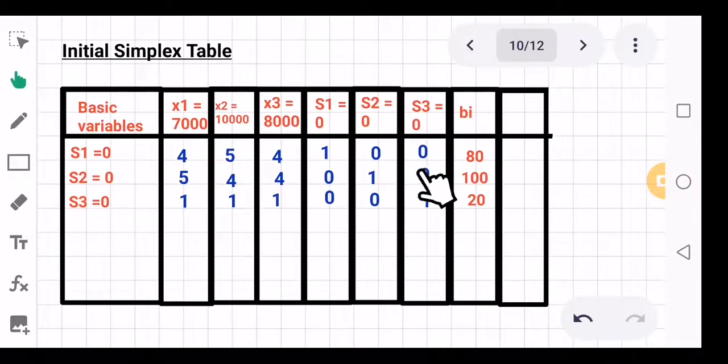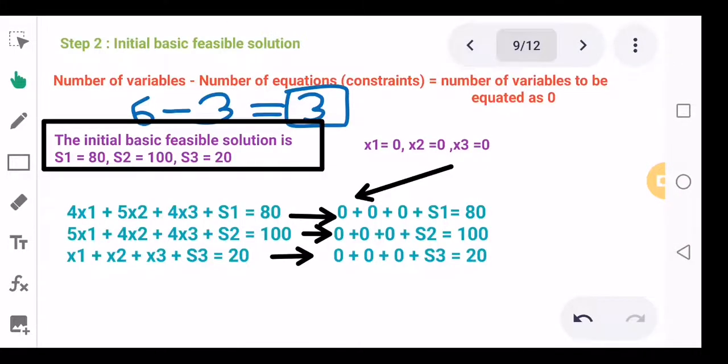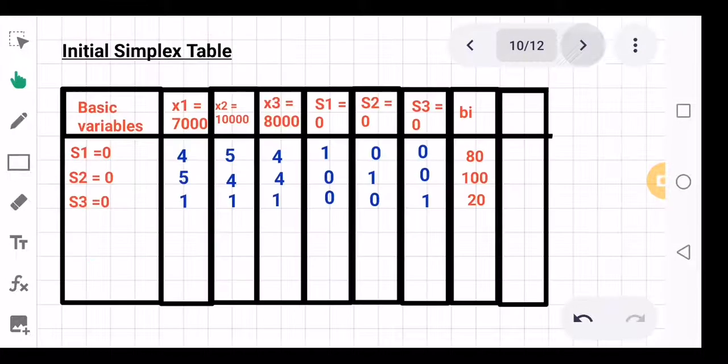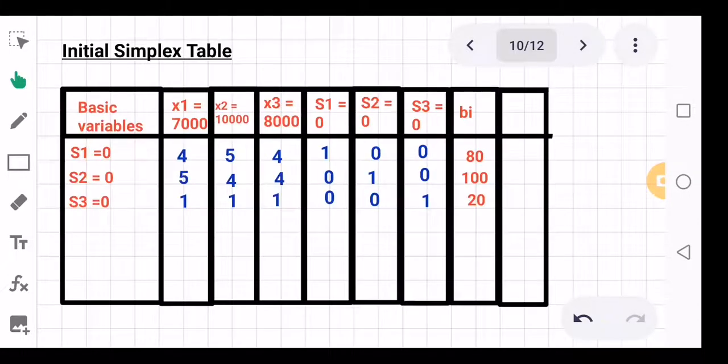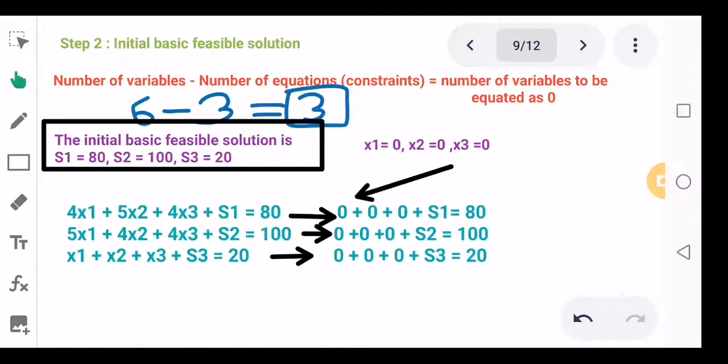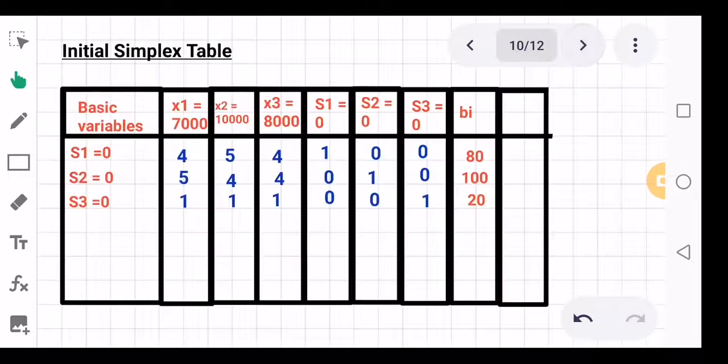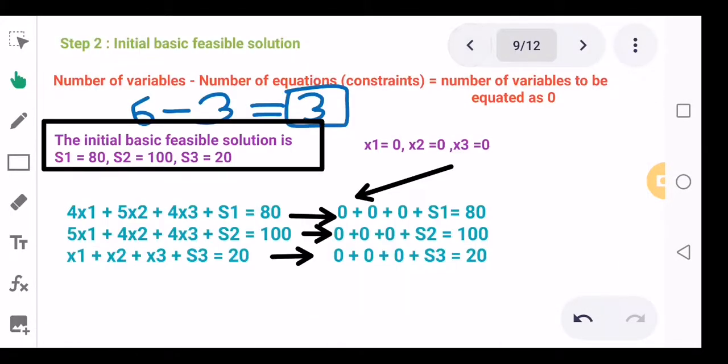Similarly, all these values have been derived from the second constraint, 5x1. So x1's coefficient is 5, thus 5. x2's coefficient is 4, thus 4. x3's coefficient is 4, thus 4 here. s2's coefficient is 1.